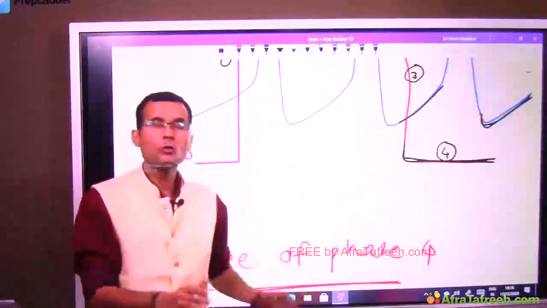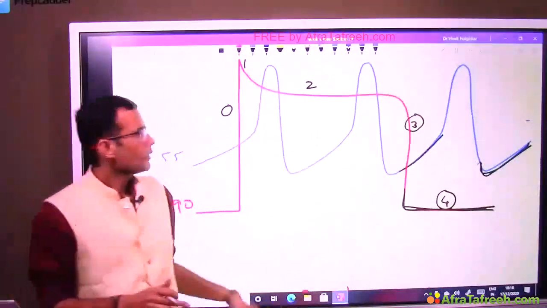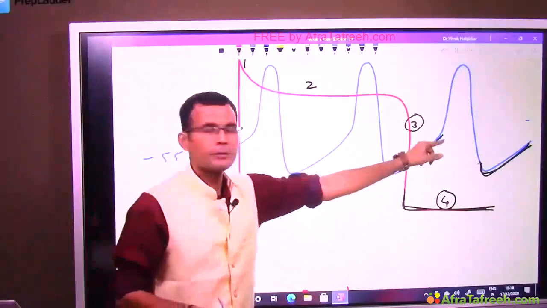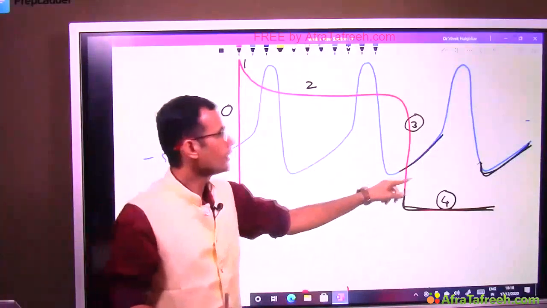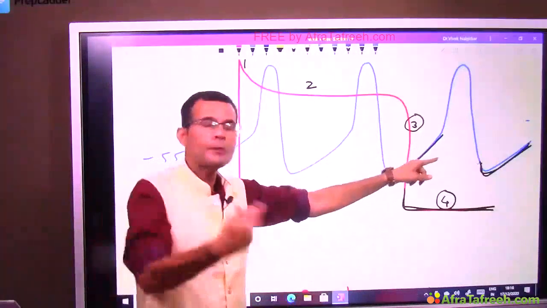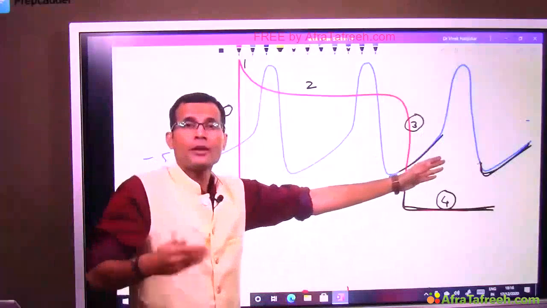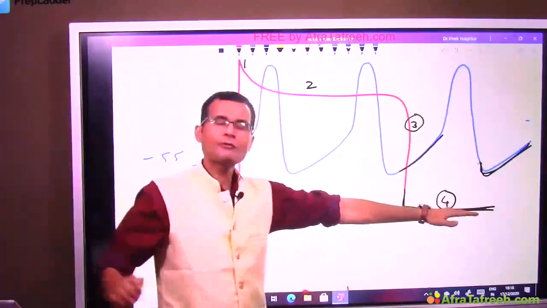Look, the slope of phase 4 in the SA node is steep. It means that at the end of repolarization, it spontaneously reaches threshold and depolarizes again. That provides the automaticity. In the Purkinje fiber, phase 4 is flat.